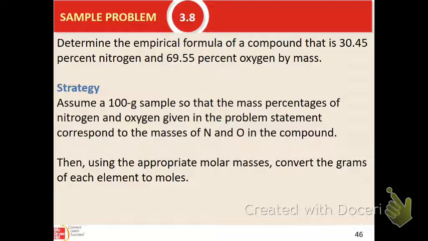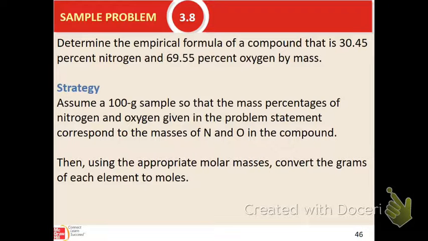Then you're going to take each one of those and change those grams into moles. How do you change grams into moles? Well, we just spent a good 40 minutes learning how to do that. How do you change grams of nitrogen to moles of nitrogen?